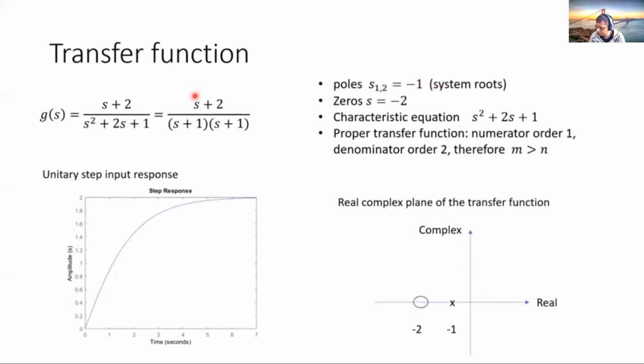We have in this case one zero, which is the root of the numerator, s equal to -2. The characteristic equation of this system is the denominator, s squared plus 2s plus 1. This is the unitary step response of this system. We are going to see later how to calculate this using Matlab.